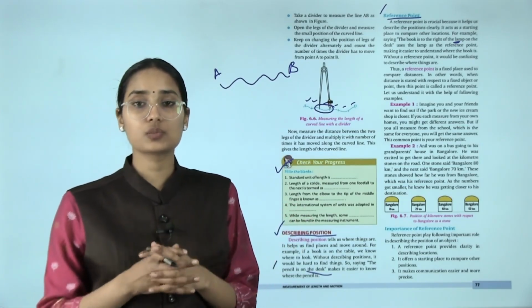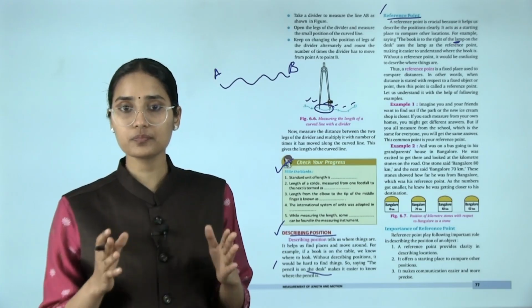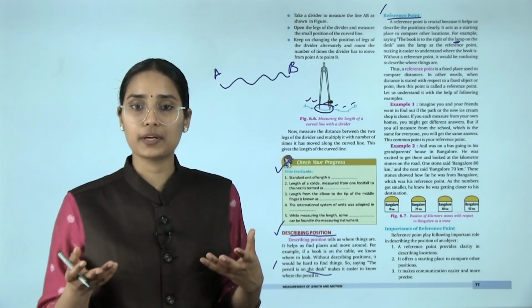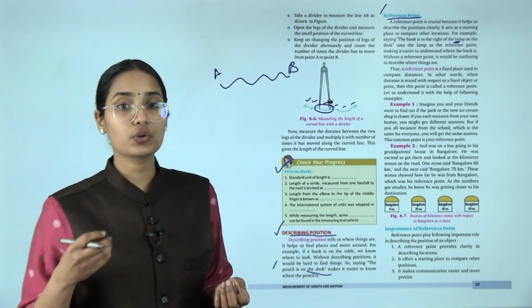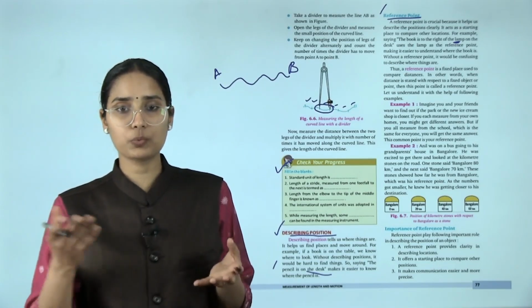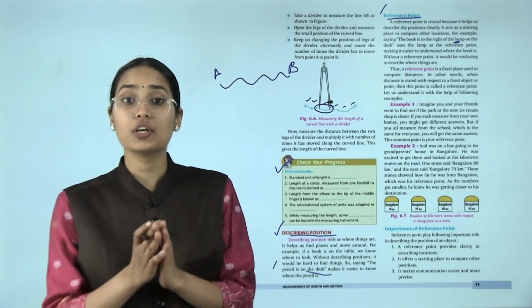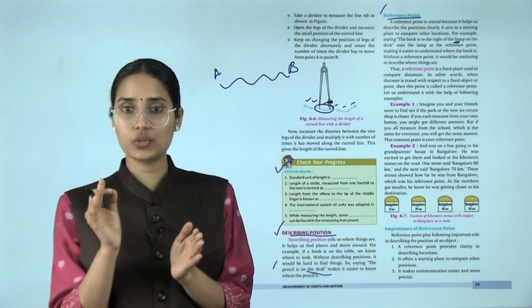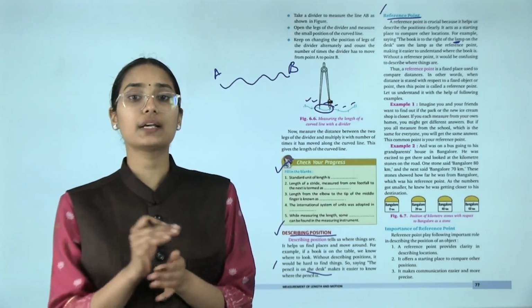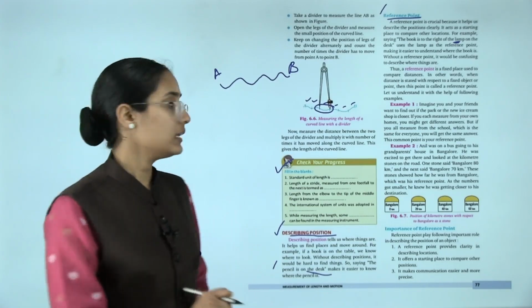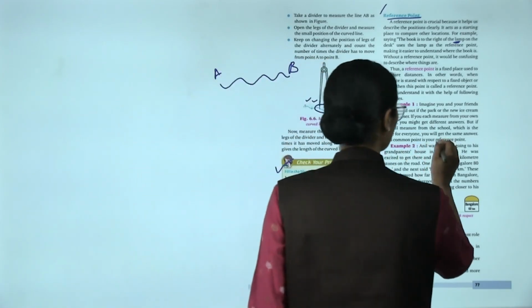So in this case, you will take a reference point. If you all measure from the school, which is the same for everyone, you will get the same answer. And this common point is your reference point.